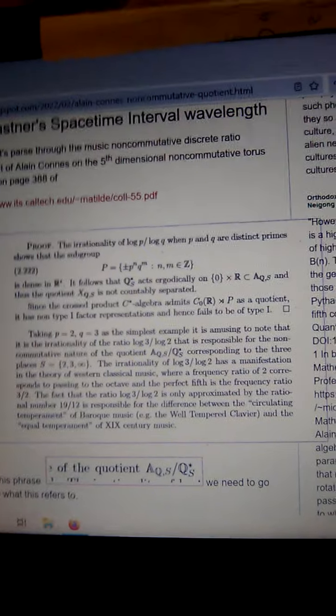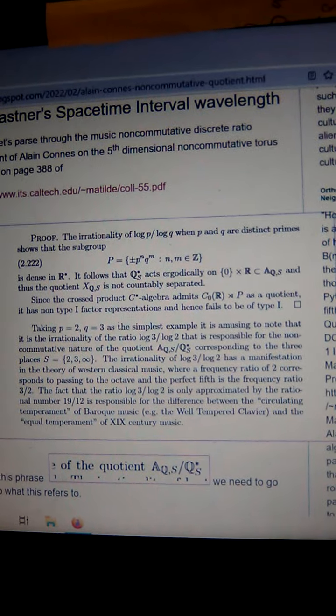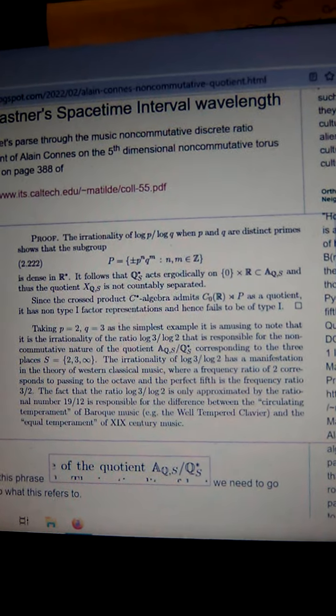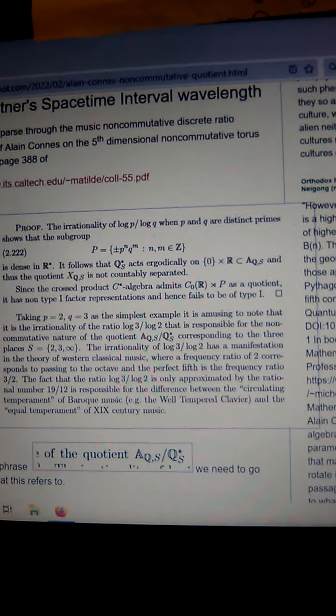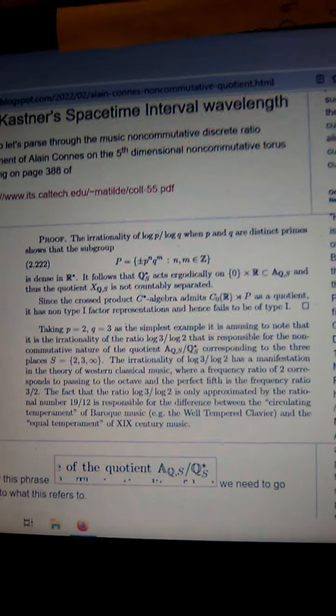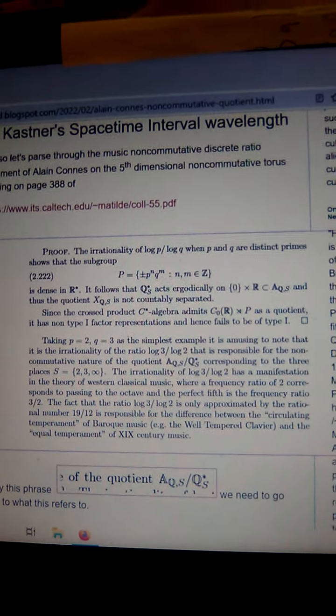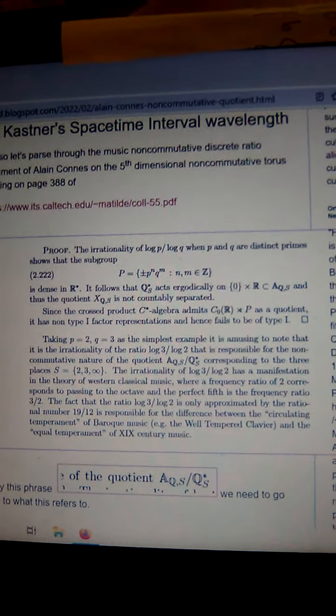So here, this is from the PDF on his non-commutative geometry that he co-wrote. And so you can see here that he's discussing the music theory based on the simplest music transposition of the Pythagorean 2 and 3 as the perfect fifth against the octave as the scale.